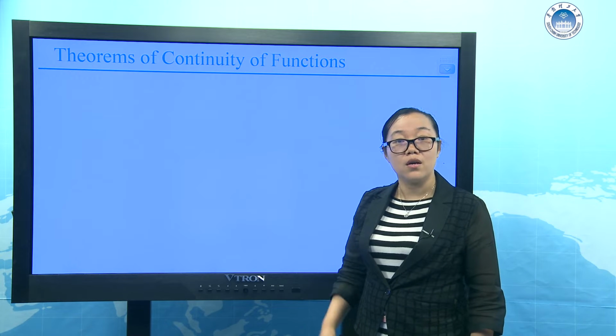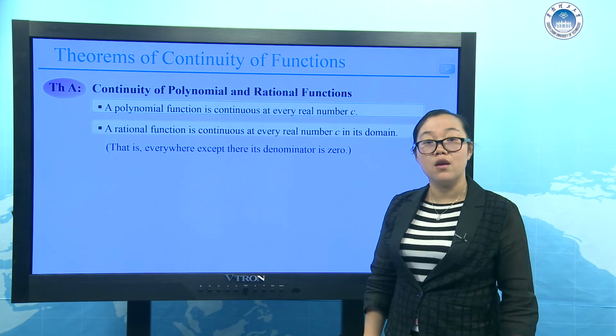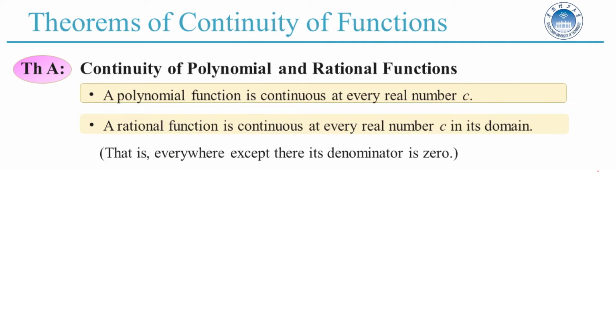Now look at the theorems of continuity of some functions. Theorem A, continuity of polynomials and rational functions. A polynomial function is continuous at every real number c. Correspondingly, a rational function is continuous at every real number c in its domain.